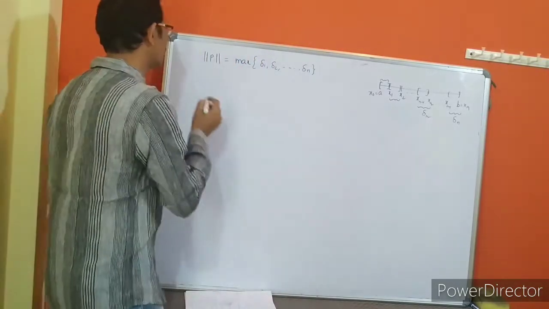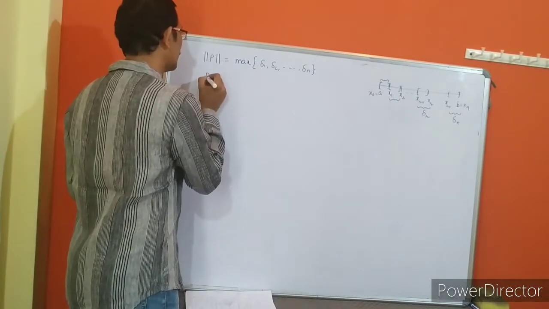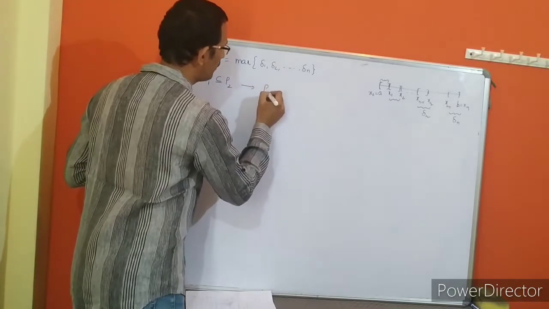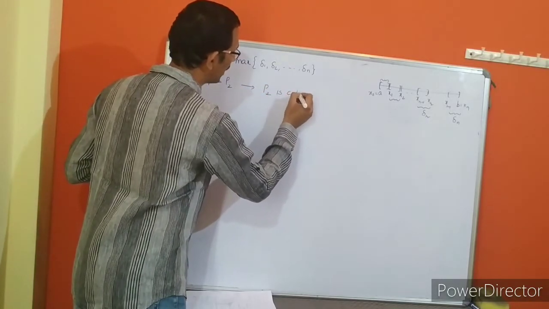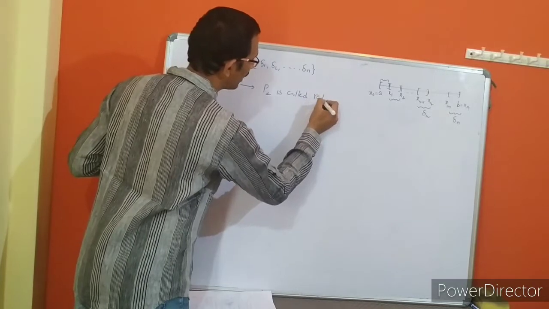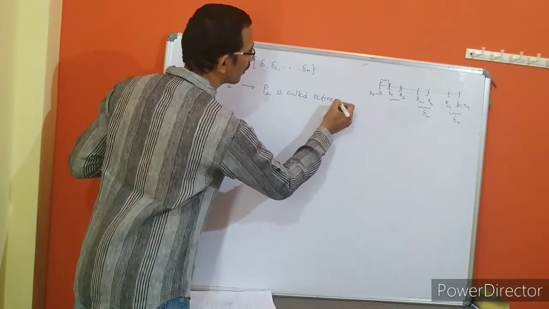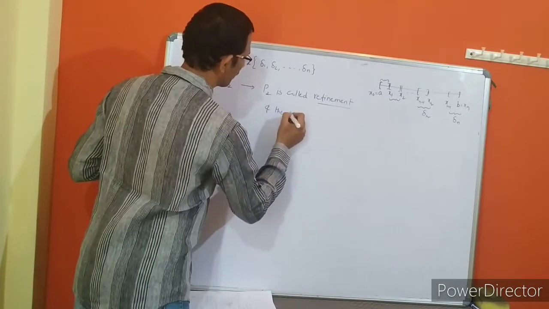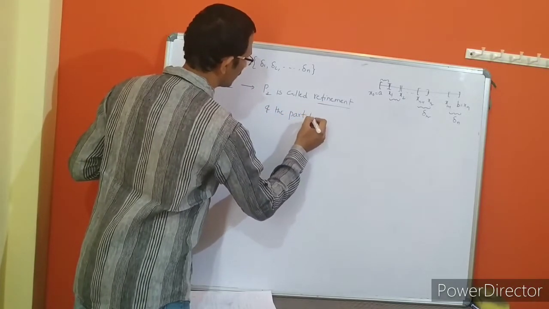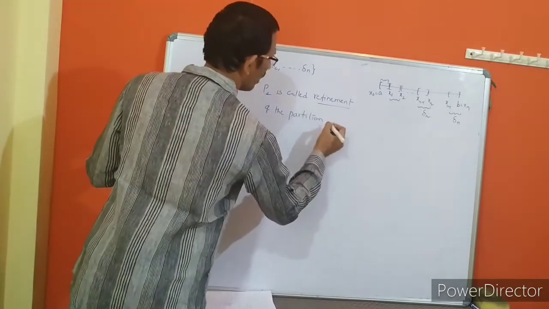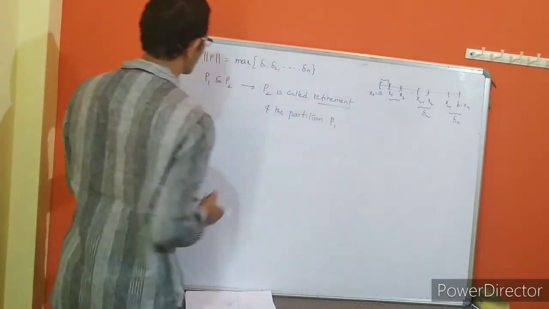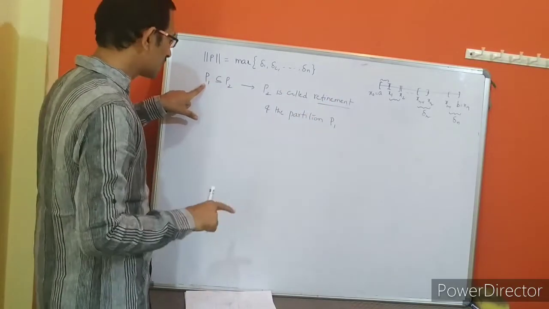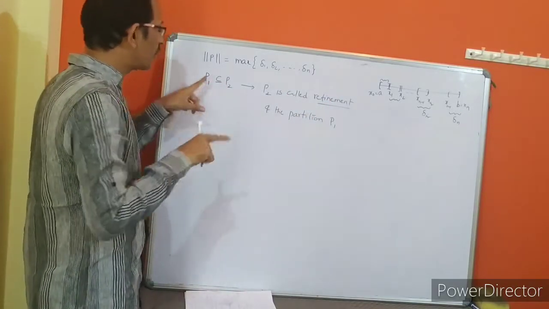And one more thing: if P1 is a subset of P2, then P2 is called a refinement of the partition. That means P2 has more points than P1. P2 contains all the points of P1.